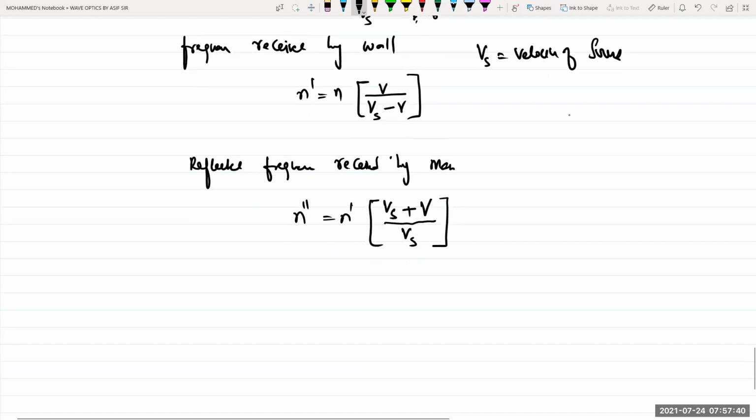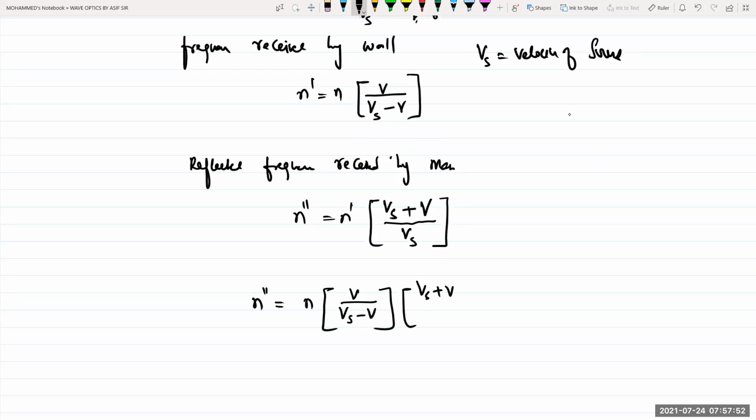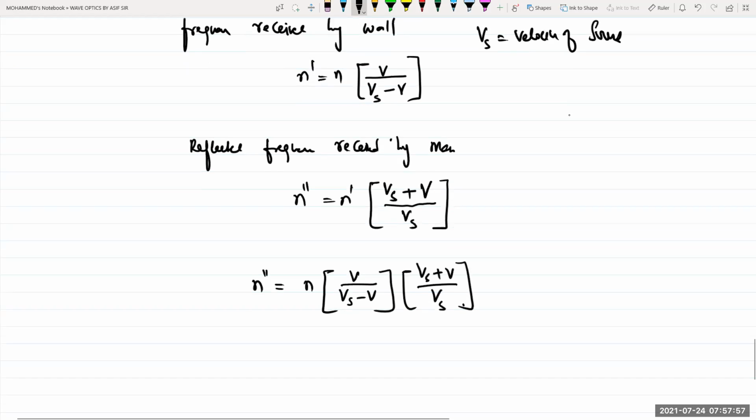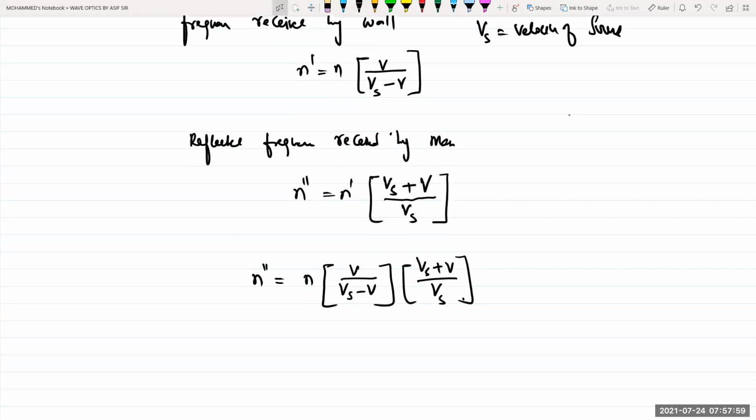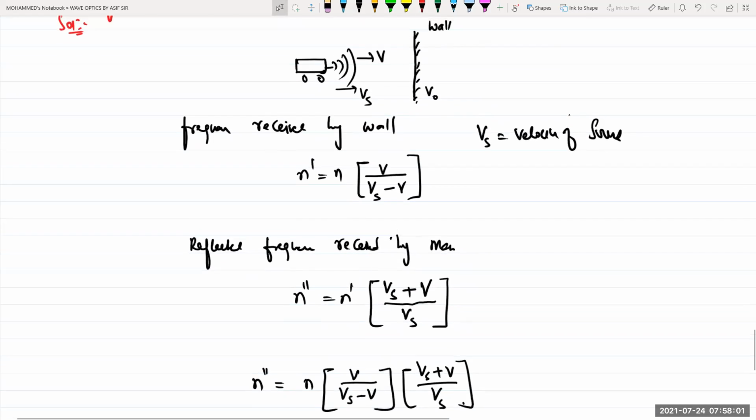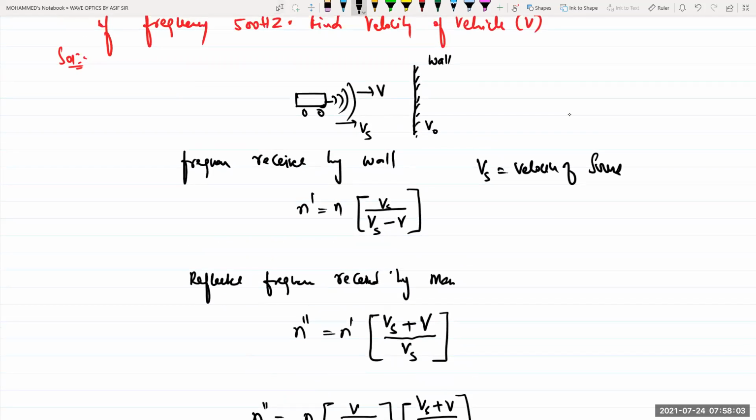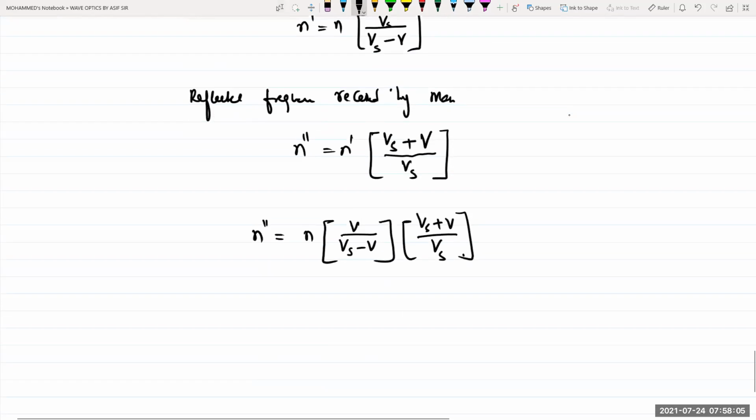అంతే కదా? n dash value దీనిలో substitute చేసుకోండి. n double dash is equal to n dash value, which is nothing but n into Vs divided by Vs minus V into Vs plus V divided by velocity of sound.